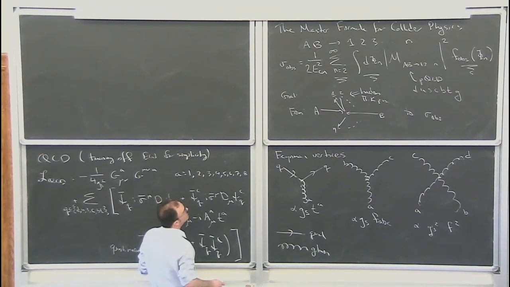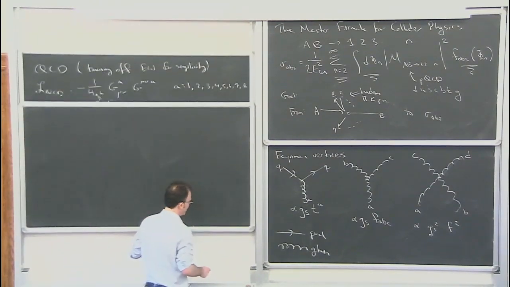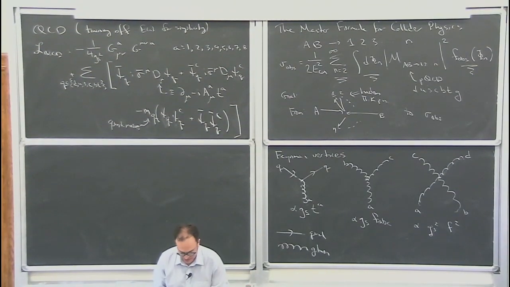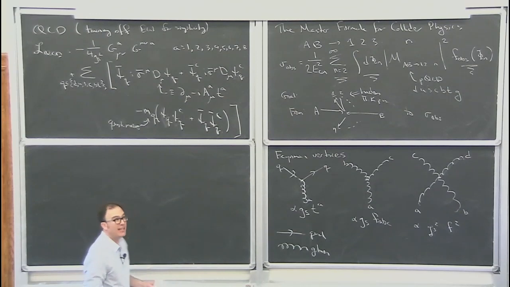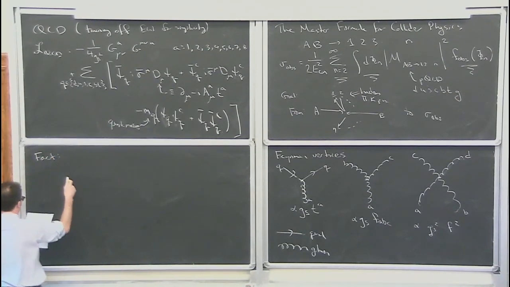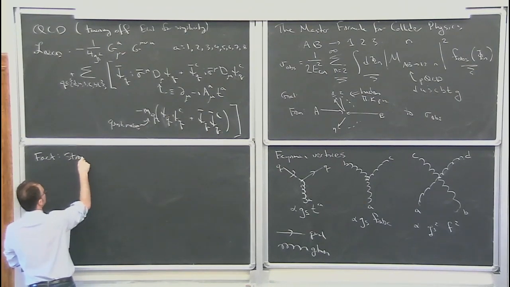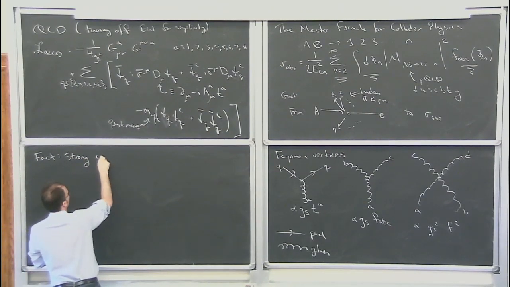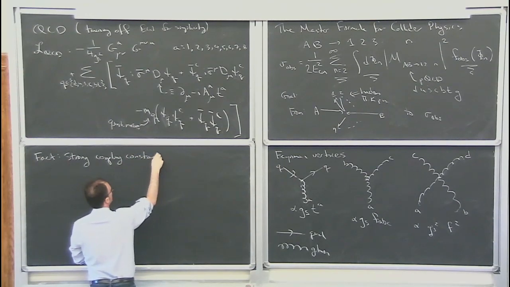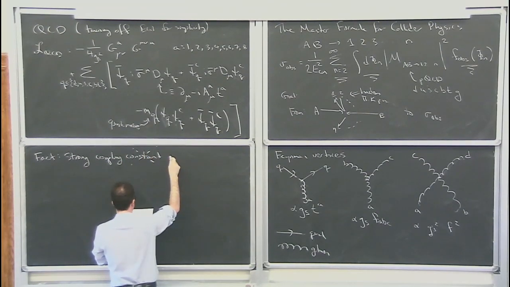And one super important fact that we need to remind ourselves about is that the strong coupling constant runs. The fact that we call it the strong coupling constant is annoying because it's not constant.